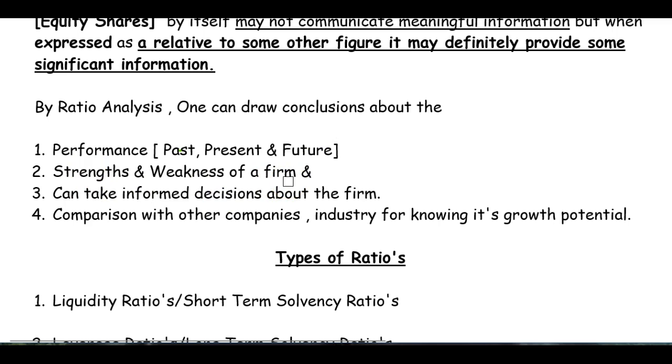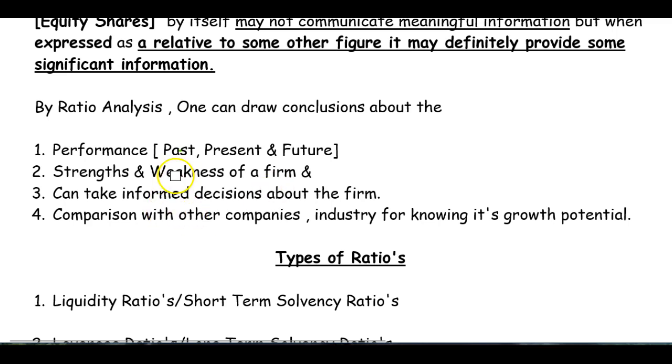For example, if earning per share is negative, then the bank will not lend or give credit to that particular company. The reason being, when earning per share is negative, how can the company pay interest to the bank?